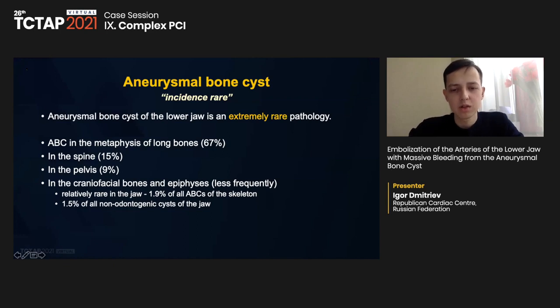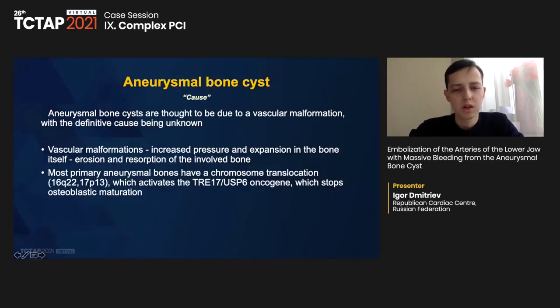They are relatively rare in the jaw, accounting for about 1.9% of all ABCs of the skeleton and about 1.5% of all non-odontogenic cysts of the jaw. Causes: vascular malformation is thought to be the cause of aneurysmal bone cysts, but the ultimate cause is unknown.